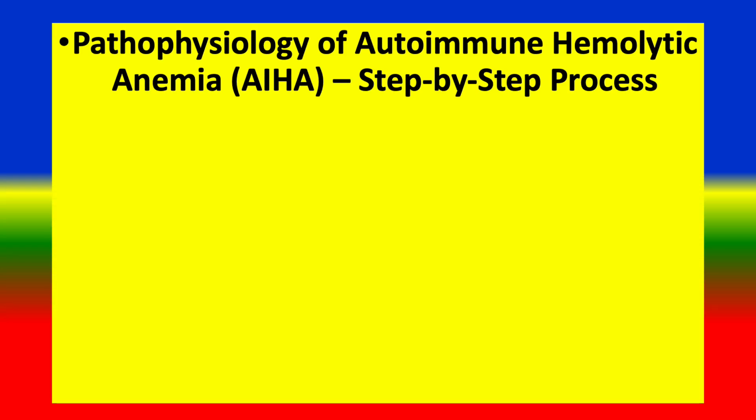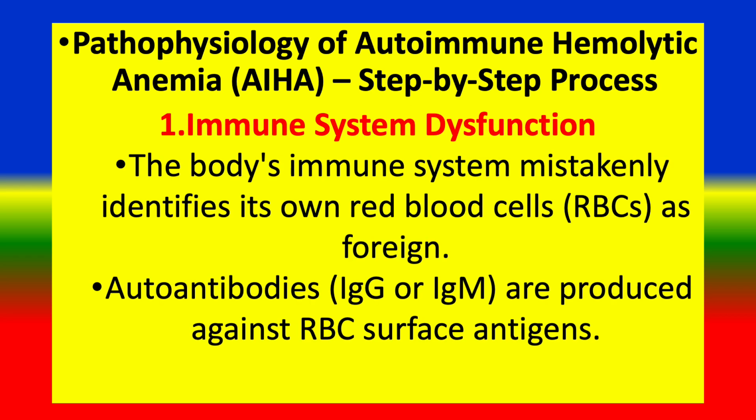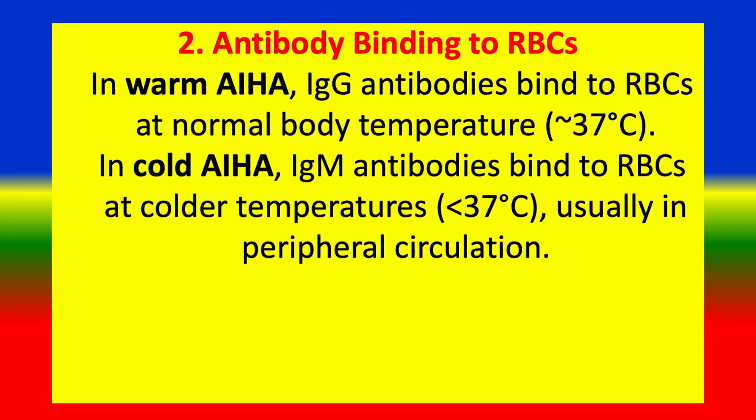Pathophysiology of autoimmune hemolytic anemia, step by step process. 1. Immune system dysfunction. The body's immune system mistakenly identifies its own red blood cells as foreign. Autoantibodies, IgG or IgM, are produced against RBC surface antigens. 2.